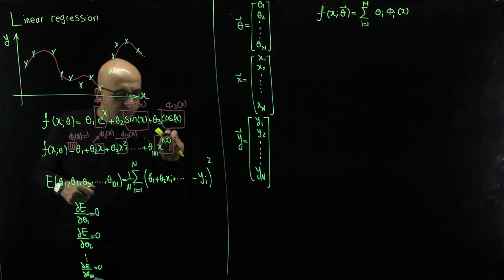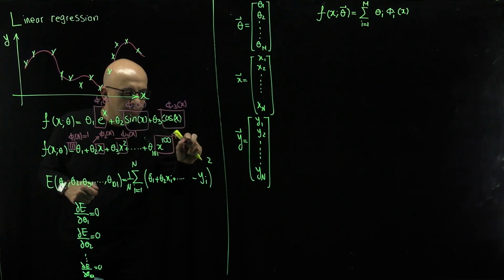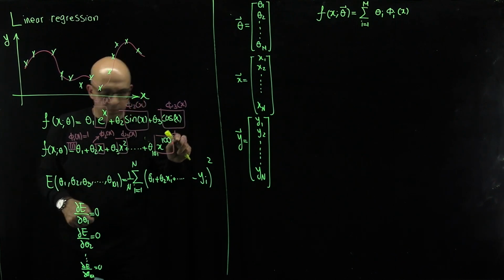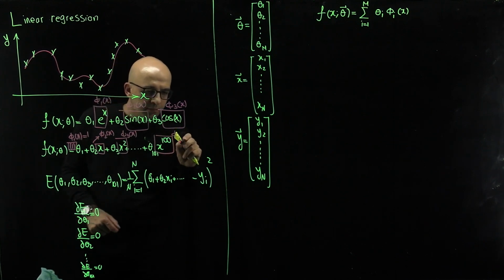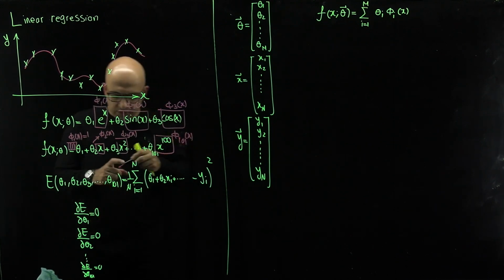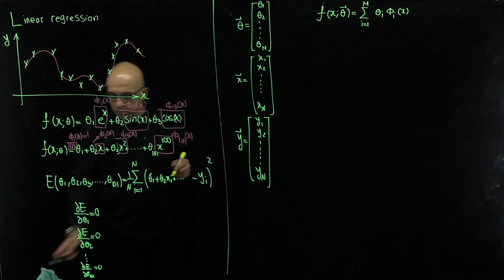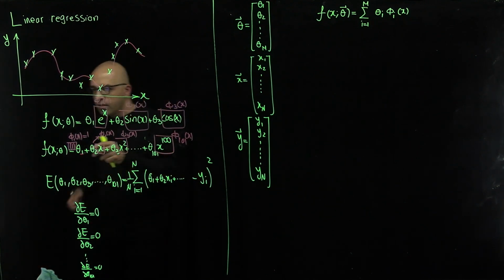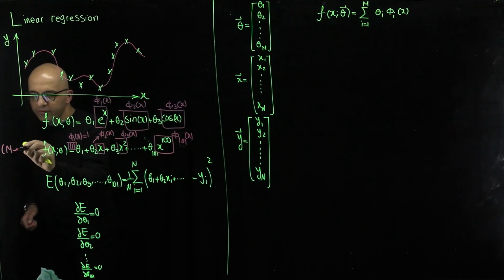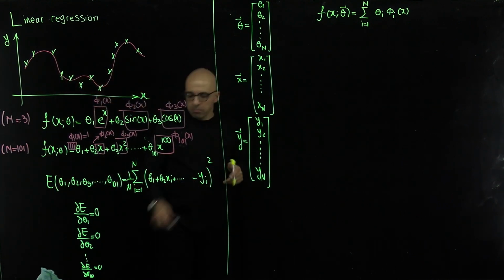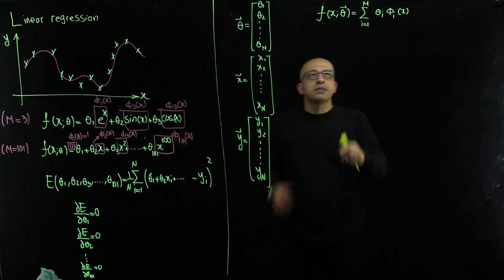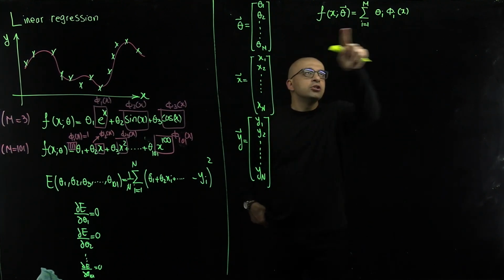And this is phi 101, the last basis function here of x. Okay, so for this example, m is equal to 101. For this example, m is equal to 3. But both of them are represented or expressed by this unified expansion.